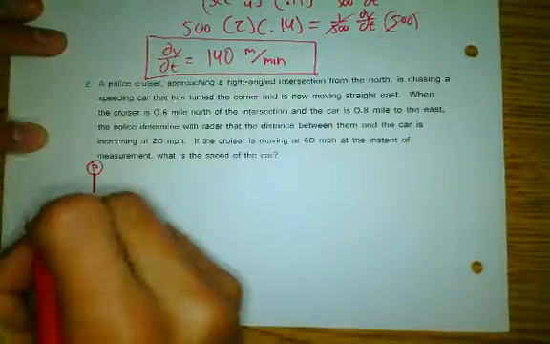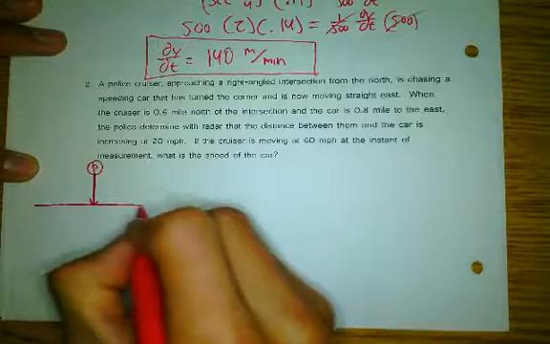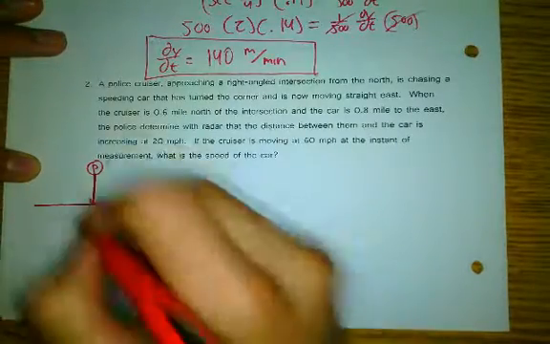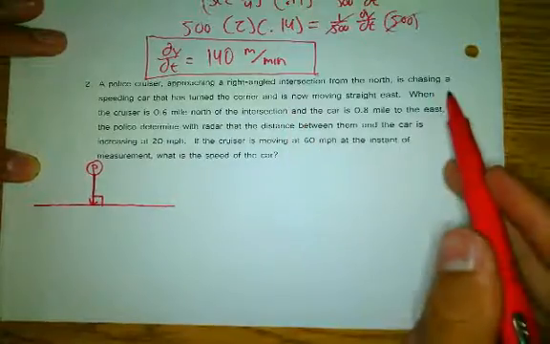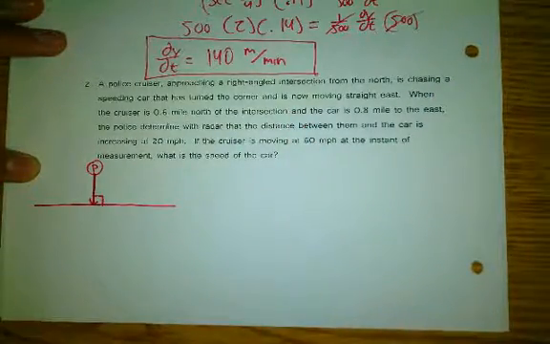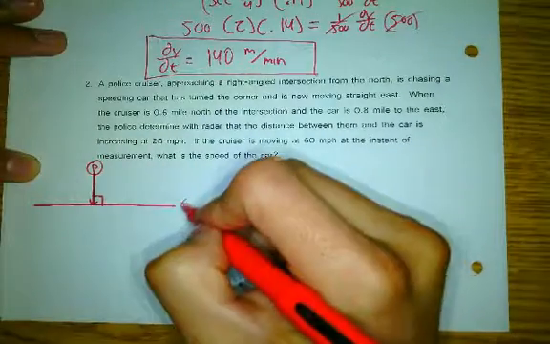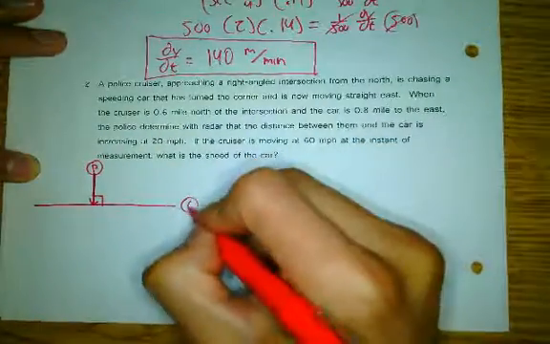Agreed? So here's what we know. Here's the intersection, and it's perpendicular. It says it's chasing a car, and that car has already turned, and it's going towards the east. So the east will be down here, right? So this is the car.